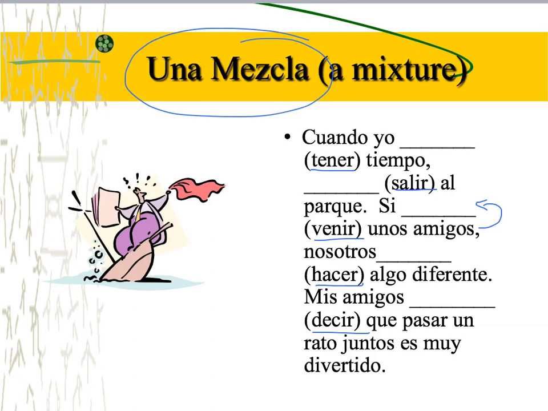They're saying, yes, if, because there's no accent, if some friends come, we do something different. So you have to conjugate the verb venir with unos amigos.